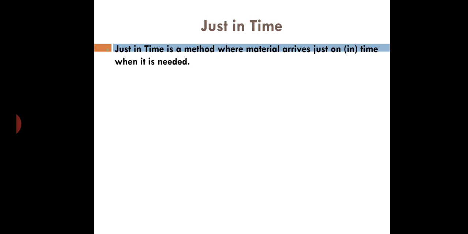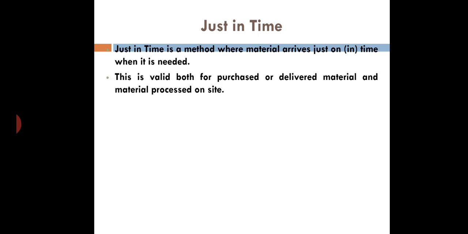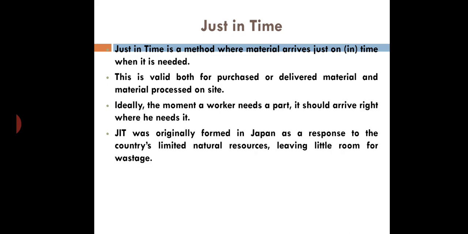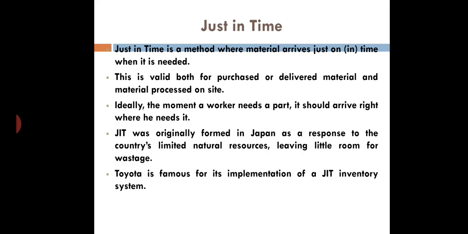Now the last one is the just in time inventory management system. It is like your material arrives just in time when it is needed. Once you get an order, only then are you purchasing or delivering material on site, and that always tries to minimize your inventory management cost or inventory carrying cost.